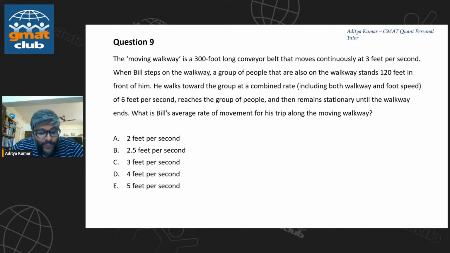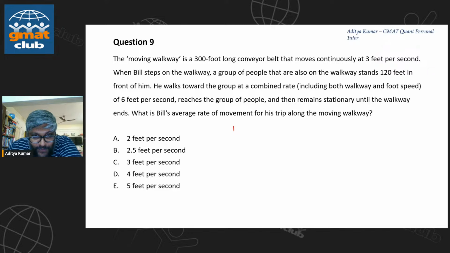Read, process, visualize, organize. The moving walkway is a 300-foot long conveyor belt that moves continuously at 3 feet per second. So I visualize a big walkway, continuously moving. When Bill steps on the walkway, a group of people that are also on the walkway stand 120 feet in front of him.